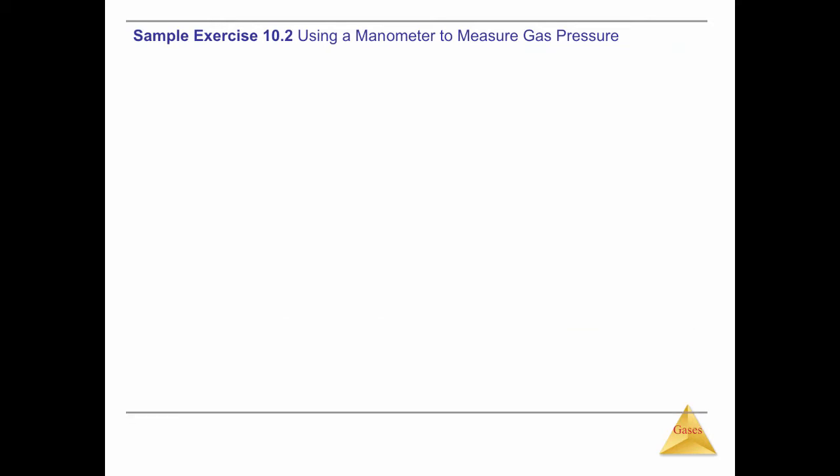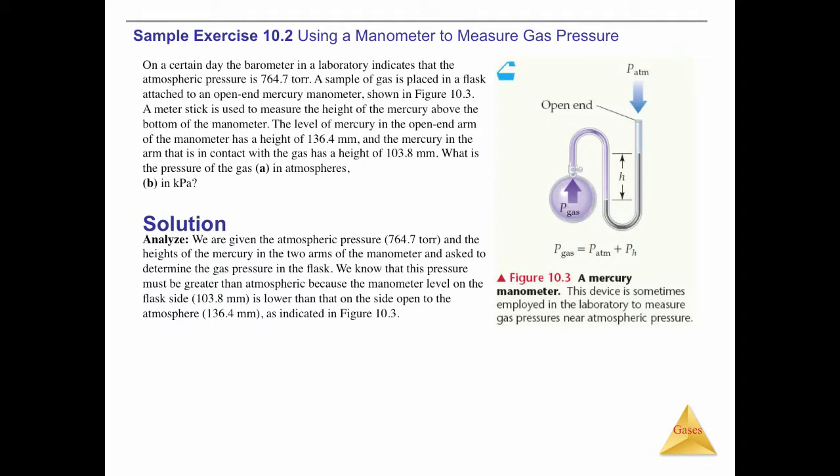Sample exercise 10.2, using a manometer to measure gas pressure. On a certain day, the barometer in a laboratory indicates that the atmospheric pressure is 764.7 torr. A sample of gas is placed in a flask attached to an open-end mercury manometer as shown in figure 10.3. A meter stick is used to measure the height of the mercury above the bottom of the manometer.